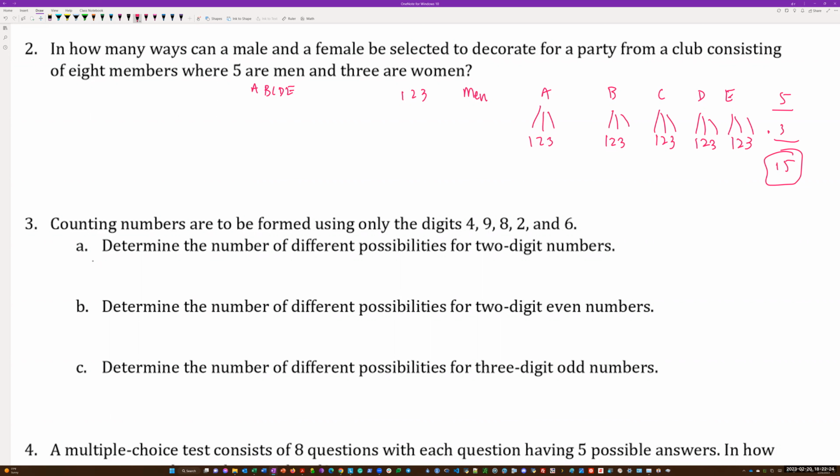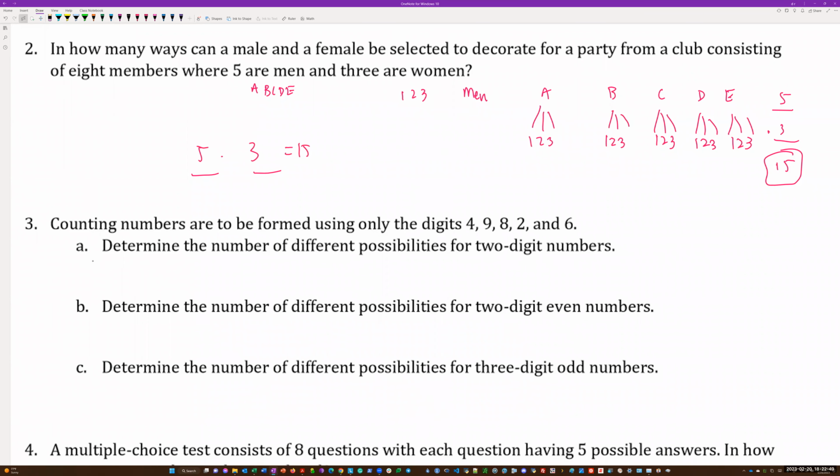Now, I don't think it's too hard to say how many slots we have, because they're telling you in the question that we need to pick one of the first bunch and one of the second bunch. Then all you got to do is ask yourself, how many ways are there to do the thing in the slot? So all I really would be expecting you to do is just 5 times 3.